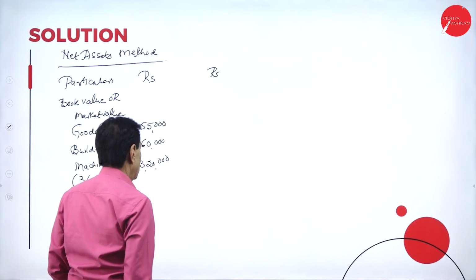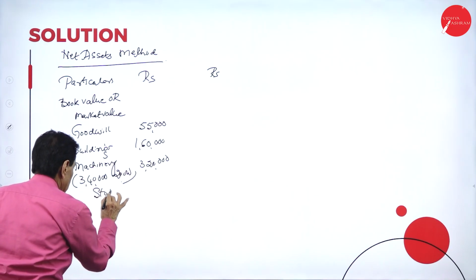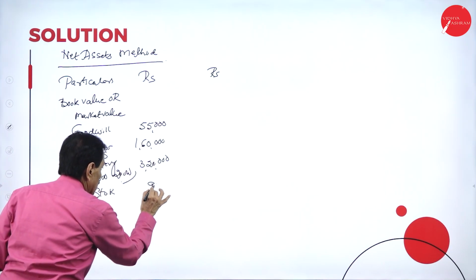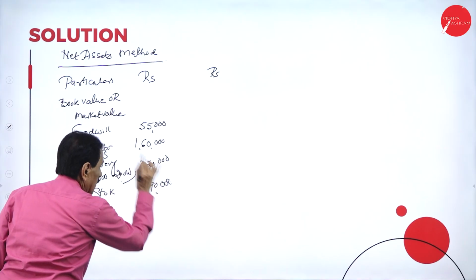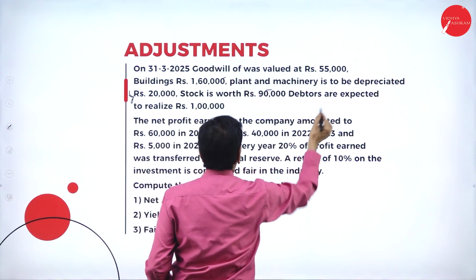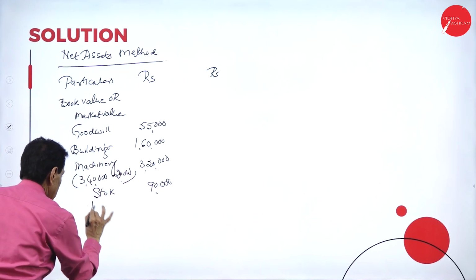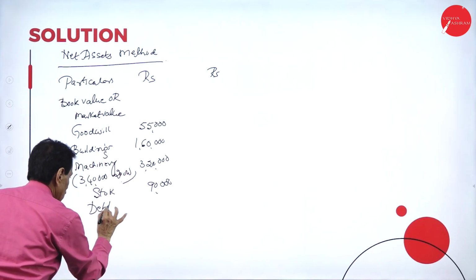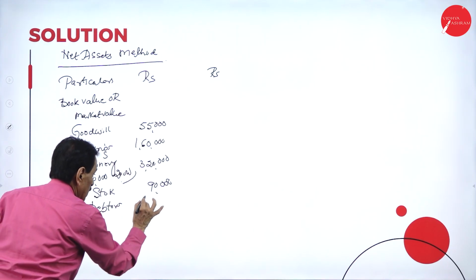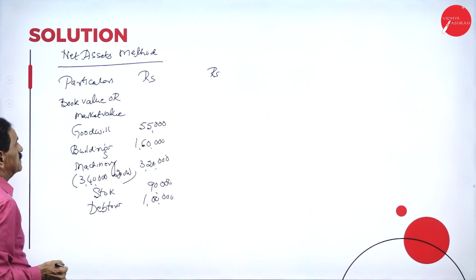Stock 90,000. Debtors are expected to realize 1 lakh.